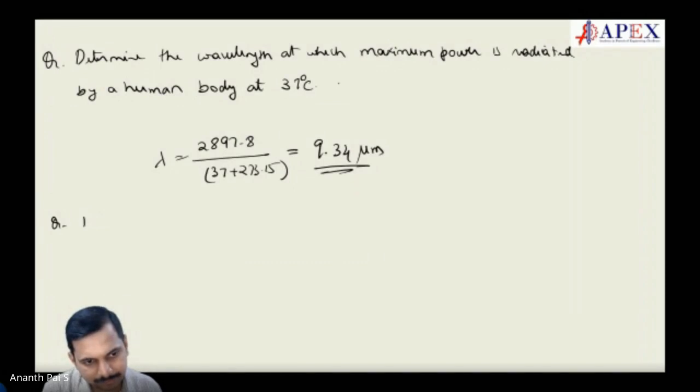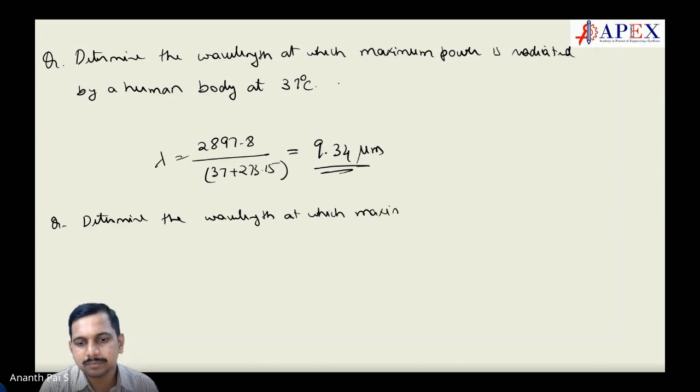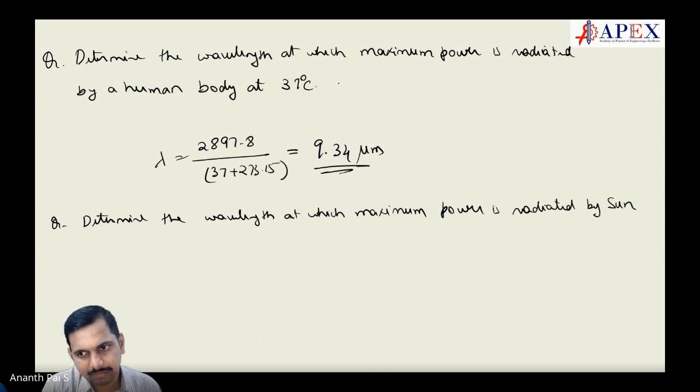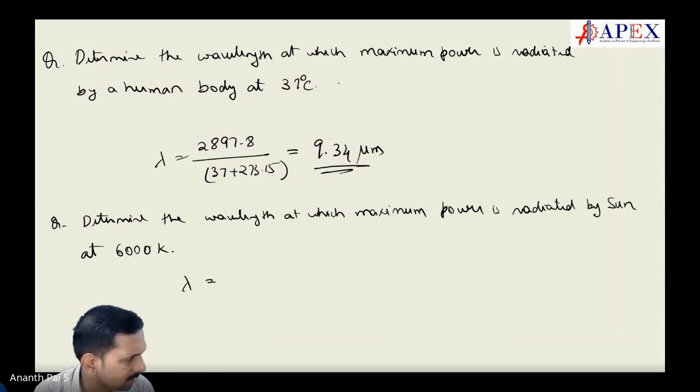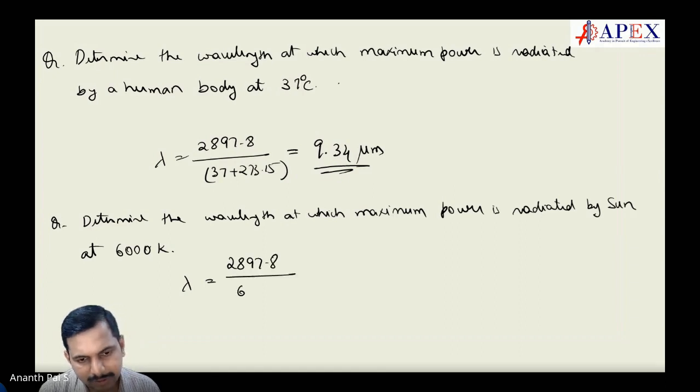Determine the wavelength at which maximum power is radiated by the sun at 6000 Kelvin. This is just an exercise. Okay. So 2897.8 divided by 6000. What is it?